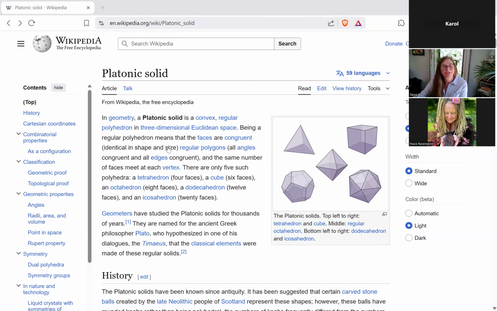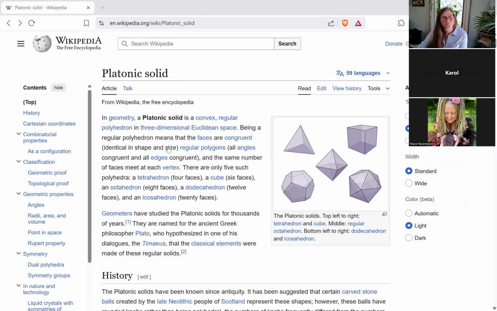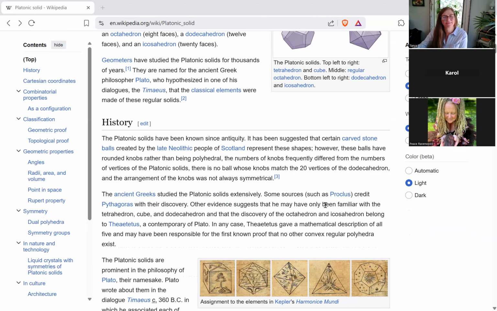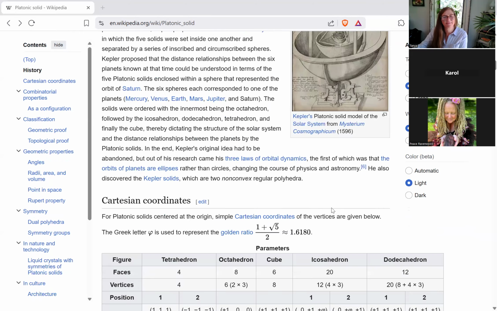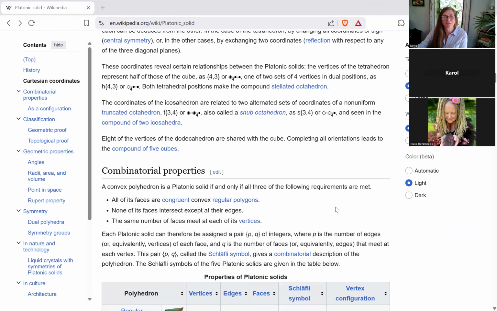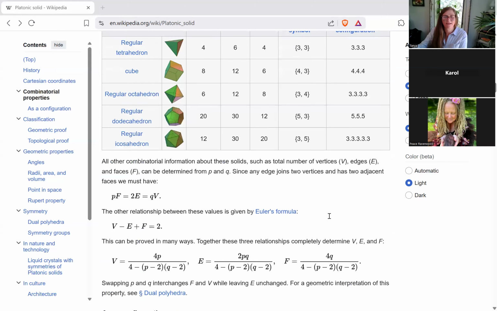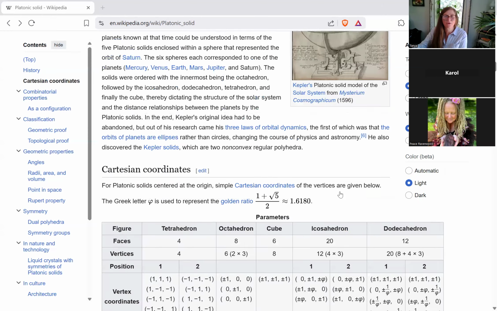Is it a pentagram or is it a pentagon, the shape? Oh, I see what you're asking. Because I'm like, is a pentagram a five-sided star? Right. And I did say pentagram, didn't I, instead of pentagon? I wasn't sure. Yeah, I just said it incorrectly.